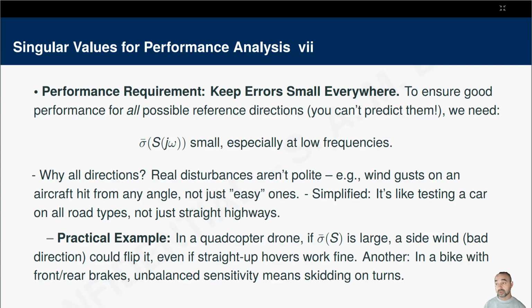But why do we care about all directions? Because of the real world, like that bridge example from the previous slide: real disturbances aren't polite. Wind gusts and aircraft hit from any angle, not just easy ones, easy meaning the angle that's the easiest to control or smooth out. It's like testing a car on all road types, not just straight highways.